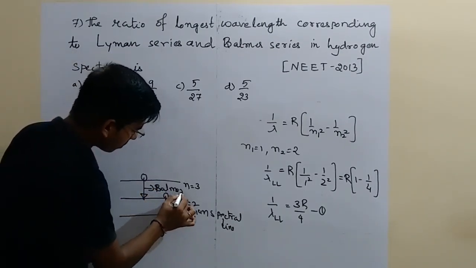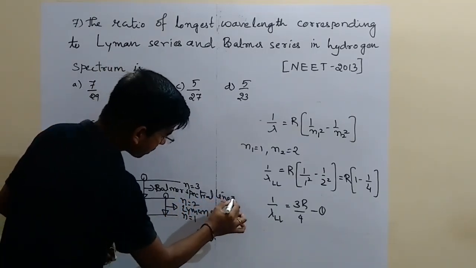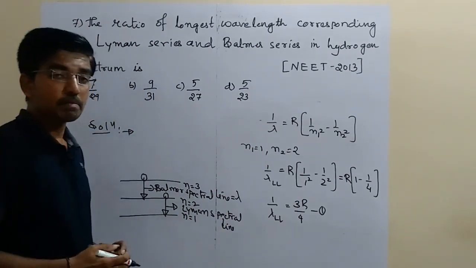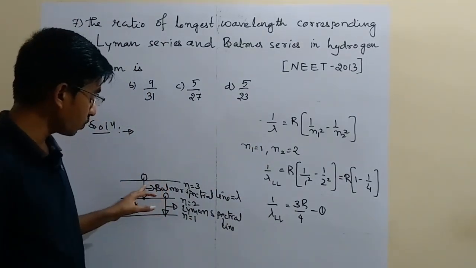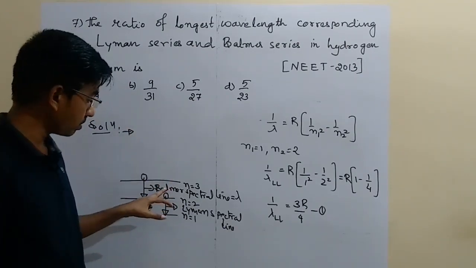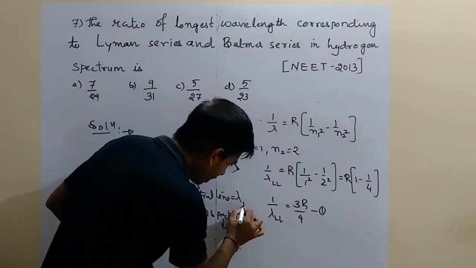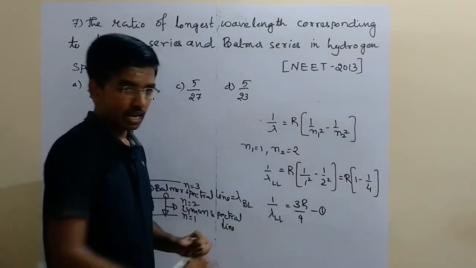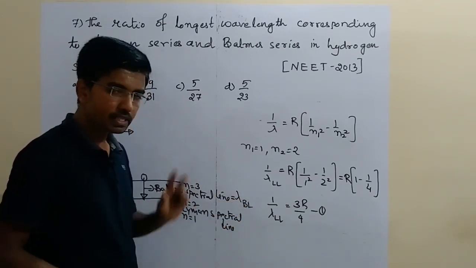This spectral line has the maximum wavelength out of all Balmer spectral lines. I will take it as lambda BL, meaning the longest wavelength of the Balmer series.